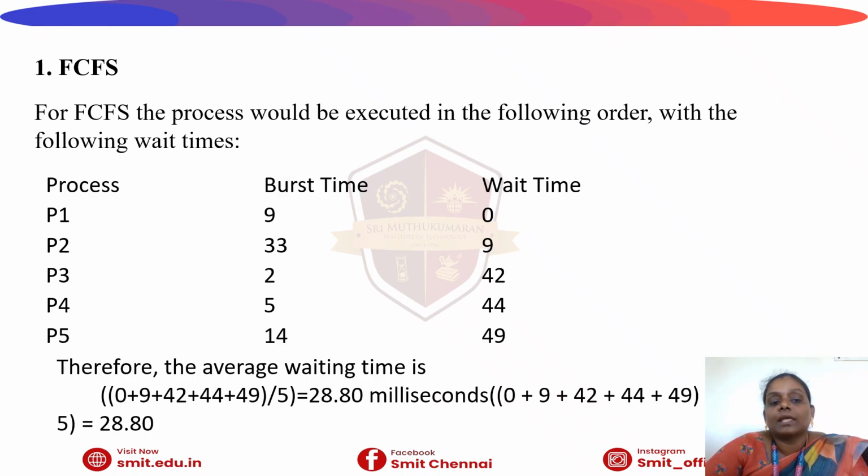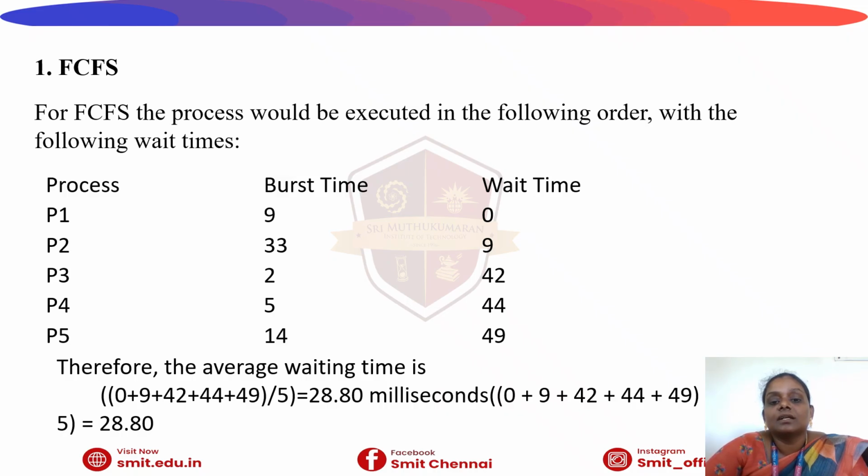The waiting time for P1 is 0 because P1 enters first. Then P2 arrives, but only after completing P1 does P2 enter, so the waiting time for P2 is 9.